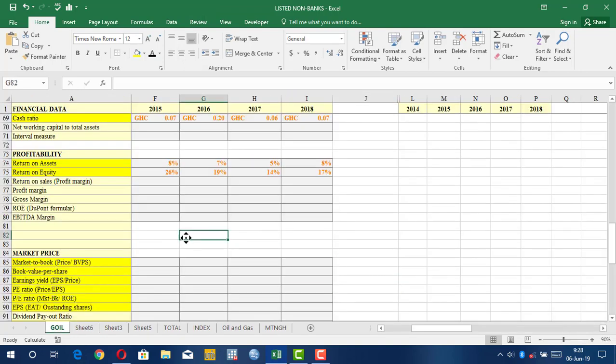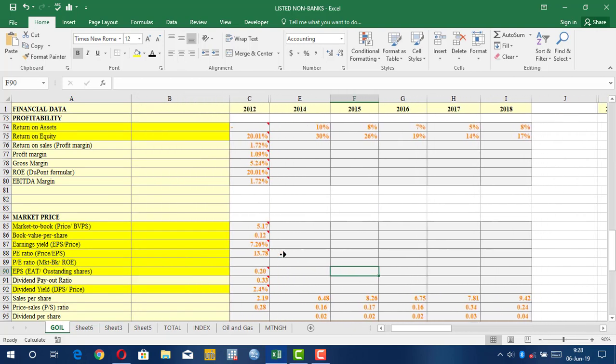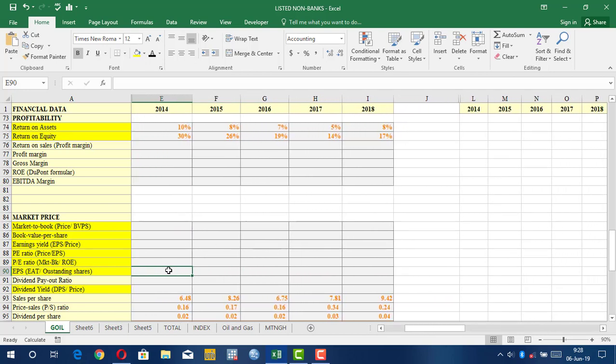So like I said, we will start with earnings per share. The earnings per share is simply the earnings after tax divided by the total number of outstanding shares. So it's just the earnings, the revenue after taking out all that you have to take out, how much is left, and it is attributed to shareholders or common shareholders.